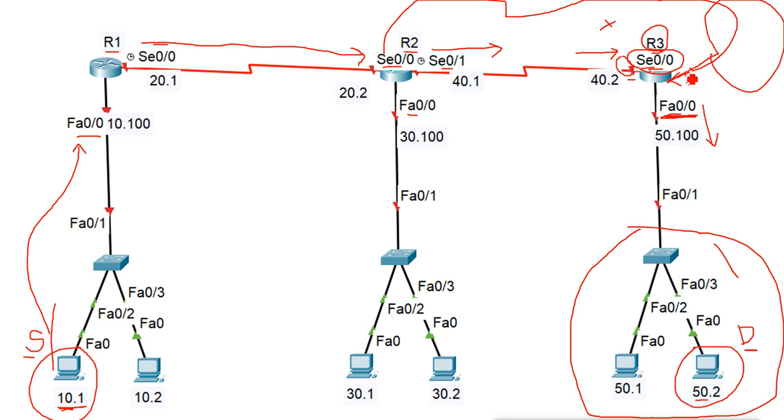So what can happen is that this 10.1 can go from the other path and enter the router from here, and when it is entering, it can go out from here and reach this machine. So after some time you apply the list, you will check and find that 10.1 is still accessing that 50.2.